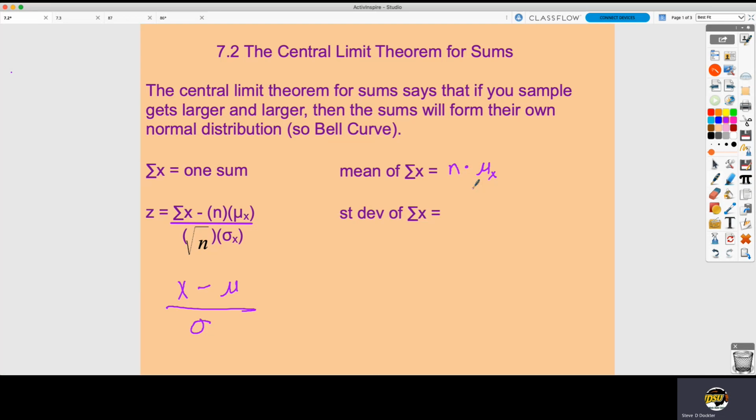And our standard deviation in this situation is the square root of n times the standard deviation of that sample. So even though it's a new equation here, the stuff is really not changing. We just write it differently because of what we're given.